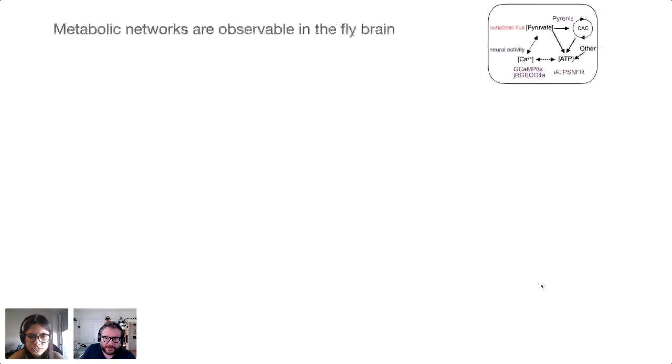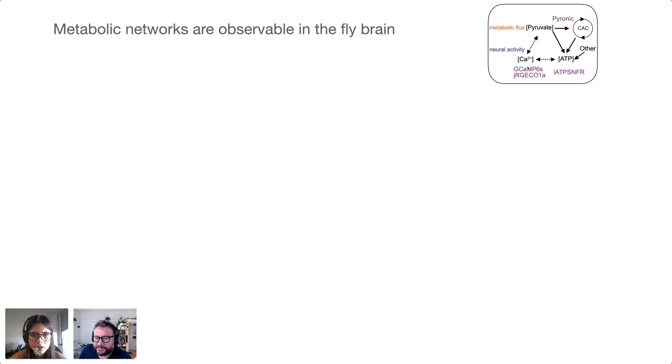So with that, our goal, knowing this, was to see if there were observable metabolic networks. In this obviously crude version of energy metabolism in a cell, pyruvate is the byproduct of glycolysis and eventually becomes part of the citric acid cycle, and of course, again, oversimplified, eventually we end up producing ATP, which is the main molecule of energy here.